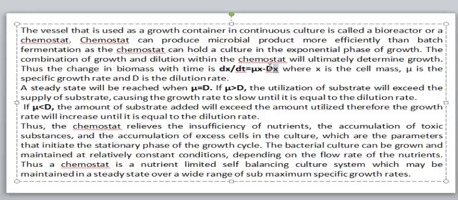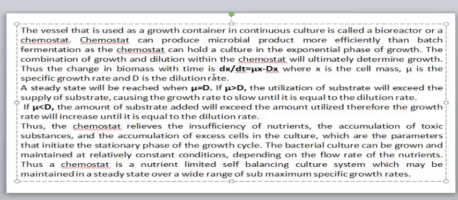If the dilution factor is higher, the rate of formation of product will be lower. If the dilution factor is lower, the rate of product formation will be higher. A specific growth rate is different for different microbes. If the specific growth rate and biomass concentration are higher, obviously it will be higher.